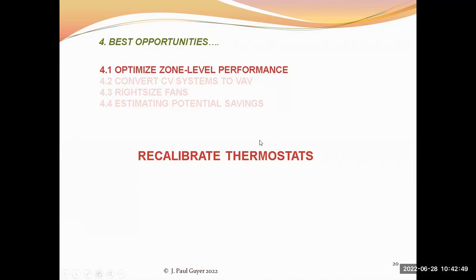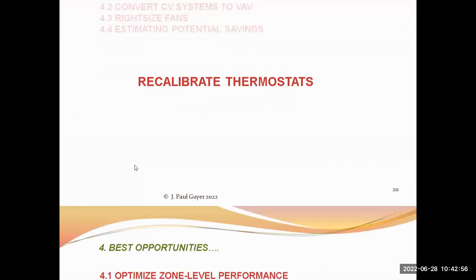So that it falls into the category of optimizing the zone level performance.